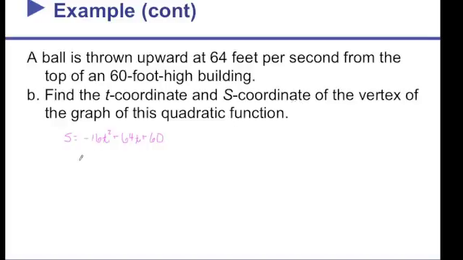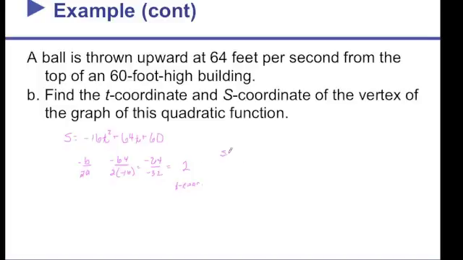Find the t coordinate and the s coordinate of the vertex. Well, vertex, negative b over 2a. So negative 64 over 2 times negative 16. Negative 64 over negative 32, or 2. That's the t coordinate. And to find the s coordinate, we'll substitute that into the equation.